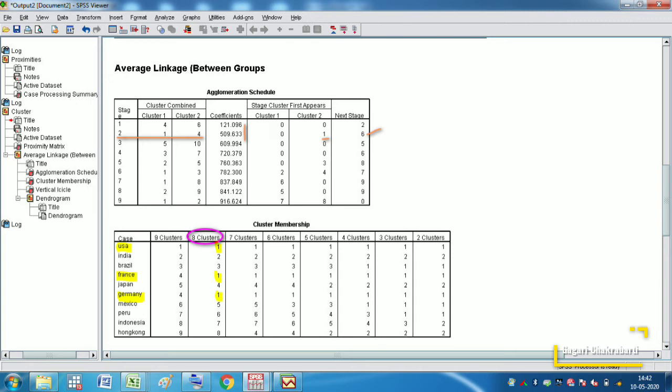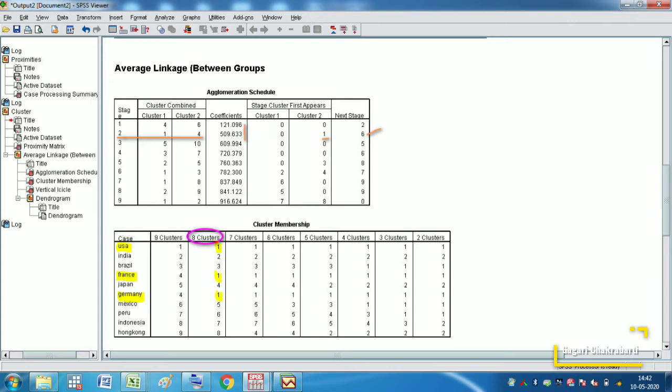However, we would proceed further to explain the table, and later on we shall comment on the optimum number of clusters. We see that cluster 1, which contained US only, was formed in stage 0, and cluster 2, that had France and Germany in it, was formed in stage 1.